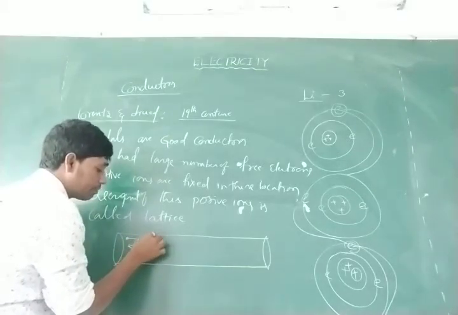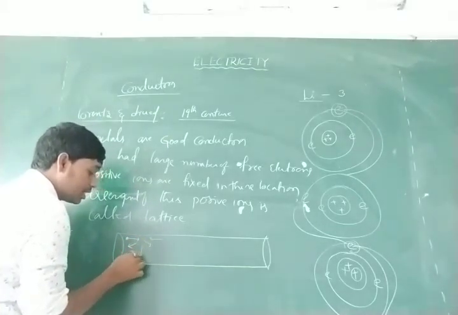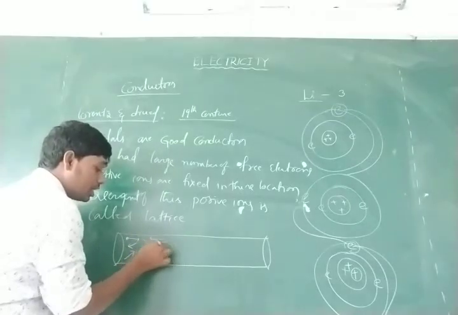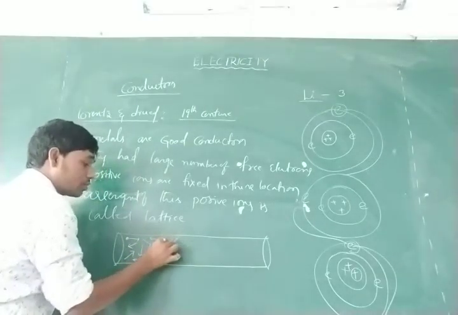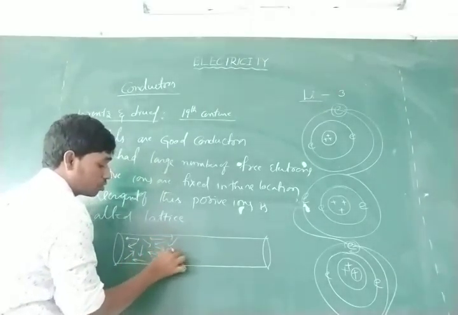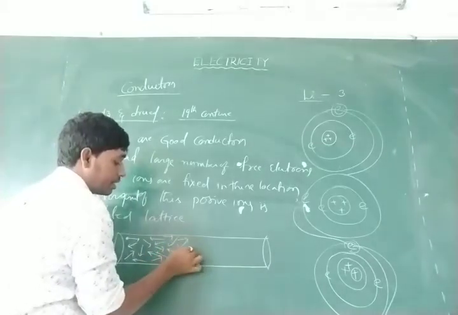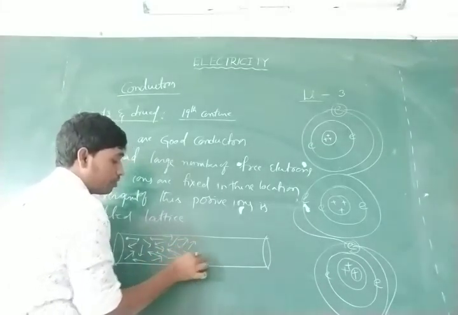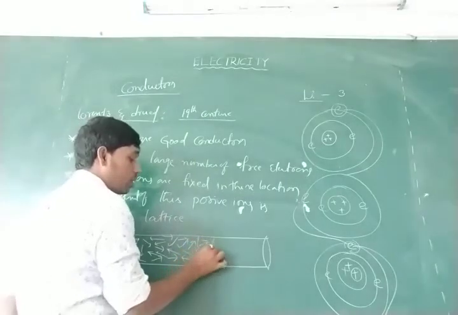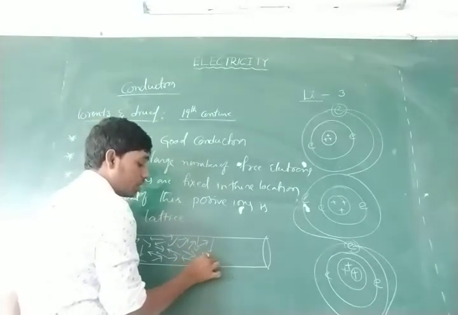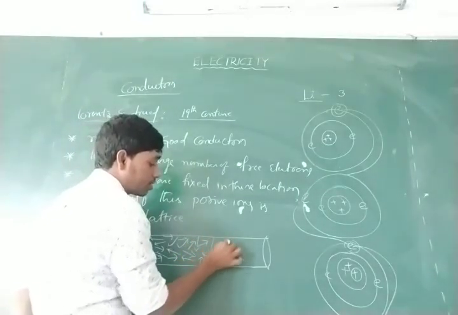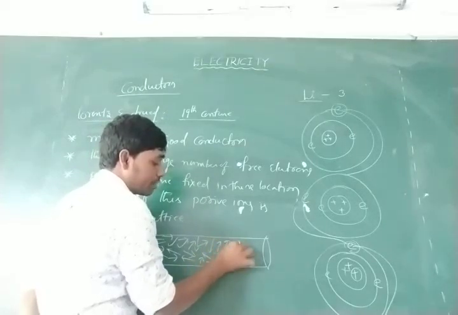They move in different directions when a potential difference is not connected to them. When a potential is not connected across any conductor, these electrons move in different directions.